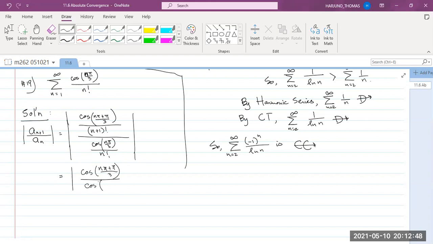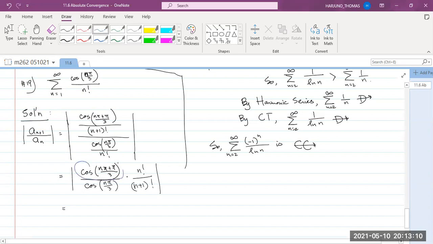No. Let me show you what's wrong with my thought. Earlier, I was thinking to make it a ratio, and we have n factorial over n plus 1 factorial. I wanted to say that this guy is at most 1 inside the absolute value, and this is also at most 1.